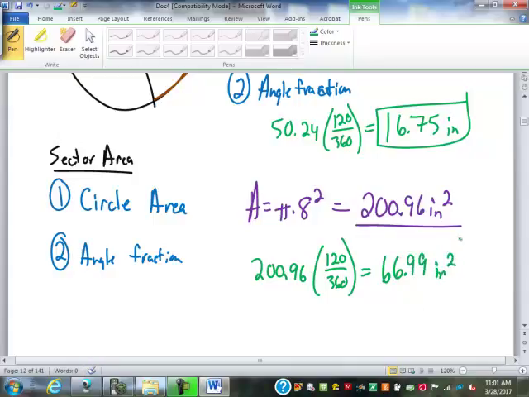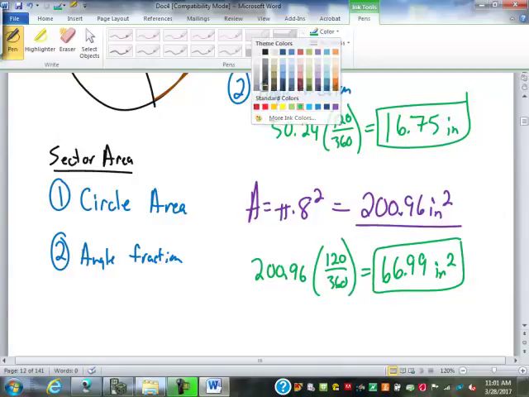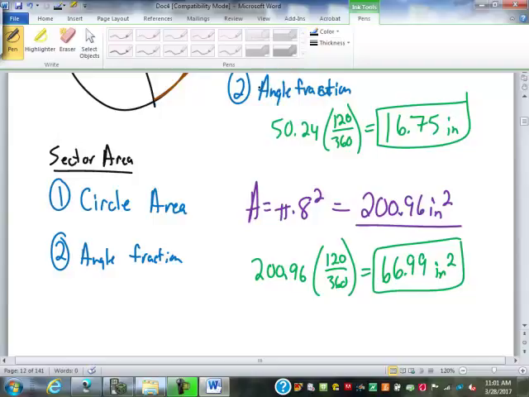Is that correct? So really all that can change here is the radius, or if we're given the diameter, you could find the radius from the diameter, and that central angle.